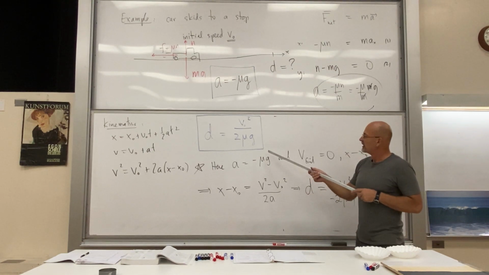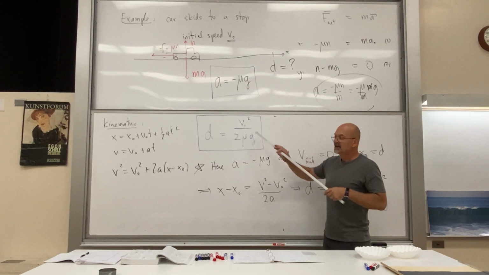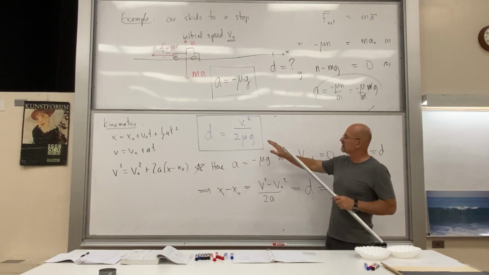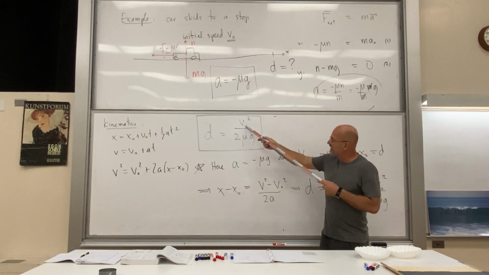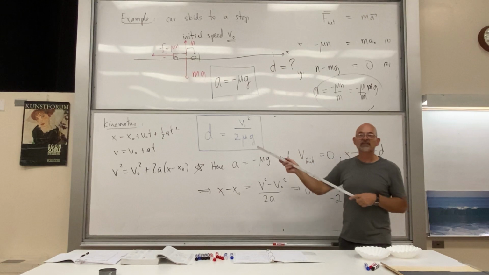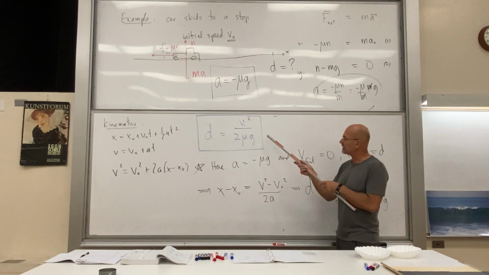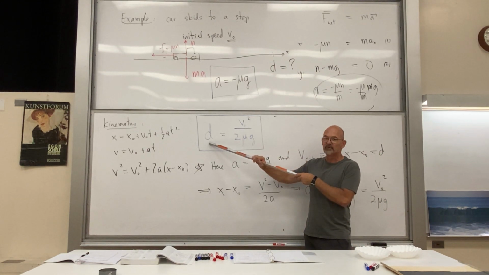First of all, we learned something about the initial speed, and that is, given some coefficient of friction, the distance is proportional to the speed squared, okay? As a car driver, this is very important. Suppose you're going 30 miles an hour, and it takes you a certain distance to come to a stop.